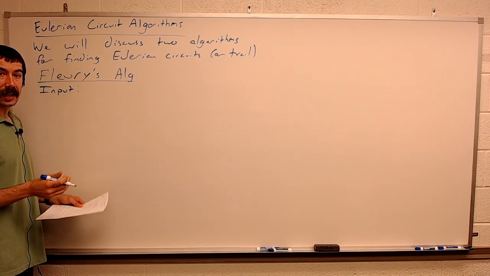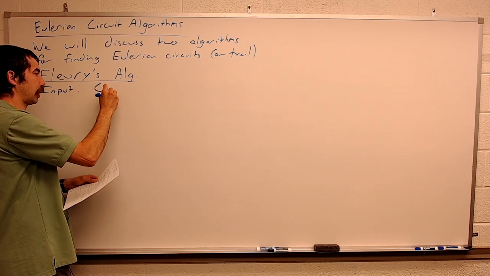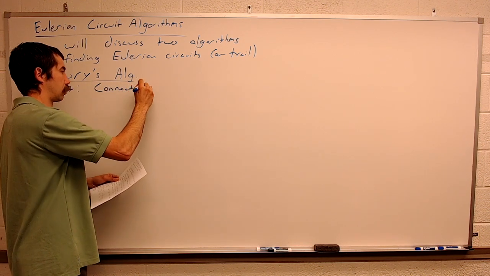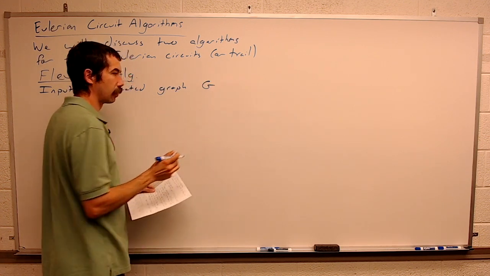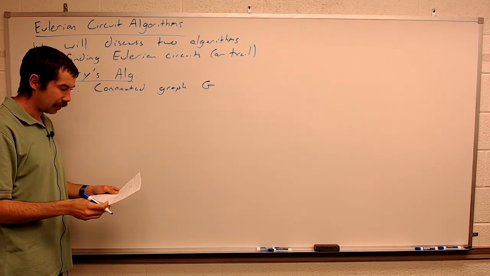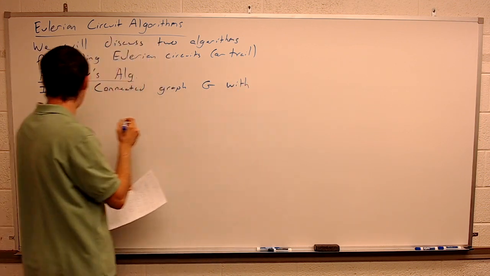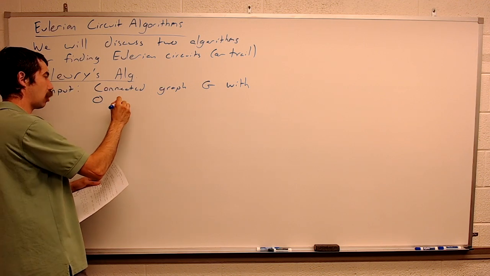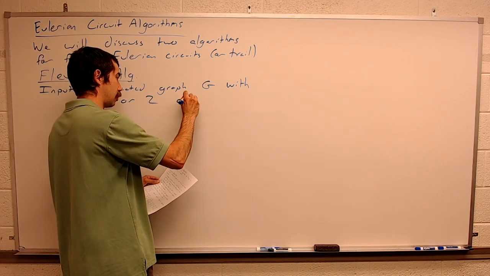Okay, so what is the input in order to use this algorithm? We need a connected graph G. So our graph must be connected, and we must have 0 or 2 odd vertices.